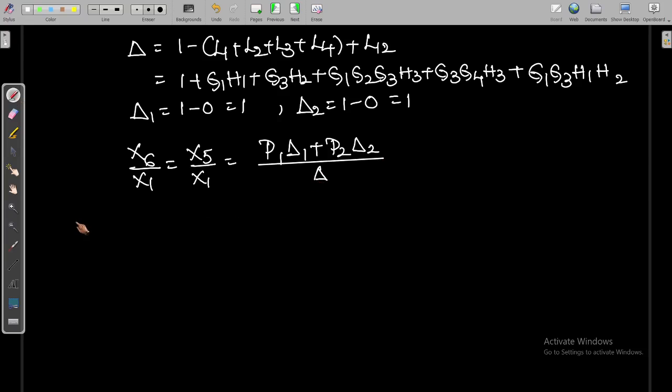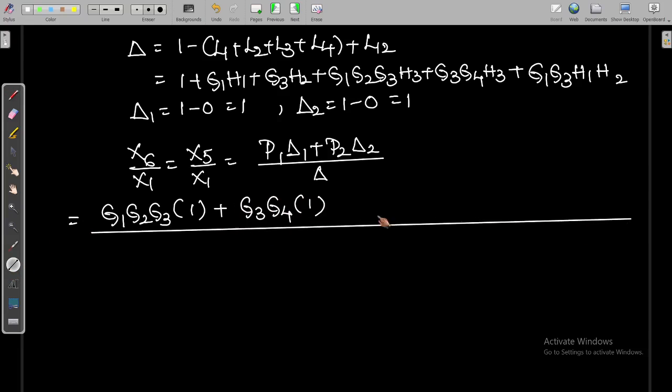Now we will write the answer. P1 will be G1 G2 G3, whole into delta 1 value 1, plus G3 G4 into delta 2 value, which will become 1. So that is the numerator. Let us write the denominator.